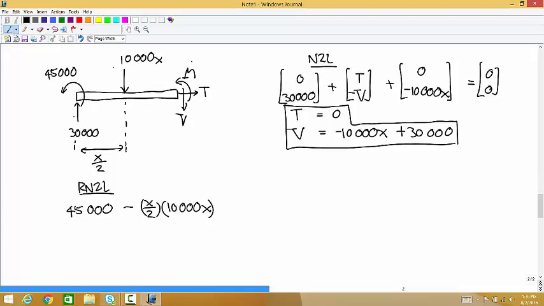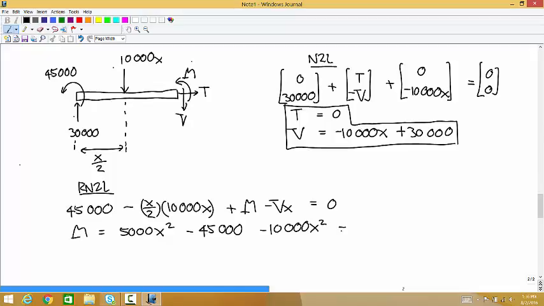Okay, so the moment equation, 45,000 minus this thing, plus M minus Vx is equal to 0. And so M is equal to positive 5,000 x squared minus 45,000 plus Vx, so minus 10,000 x squared plus 30,000 x.